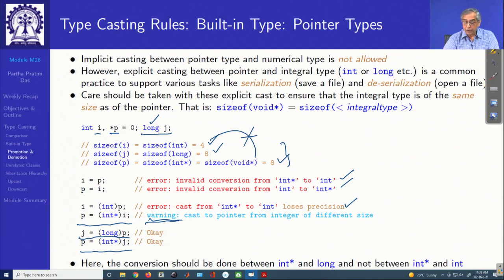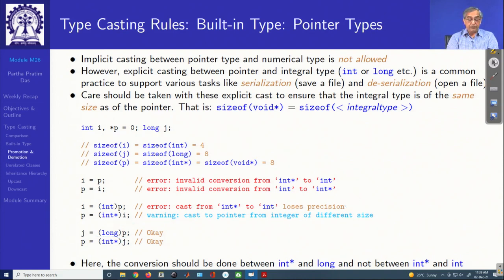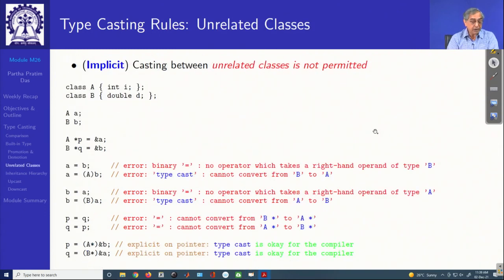So, these are some of the nuances of conversion in the pointer type, and we close the built-in type rules here. Now, let us look at typecasting between unrelated types, particularly unrelated classes. This is not permitted.